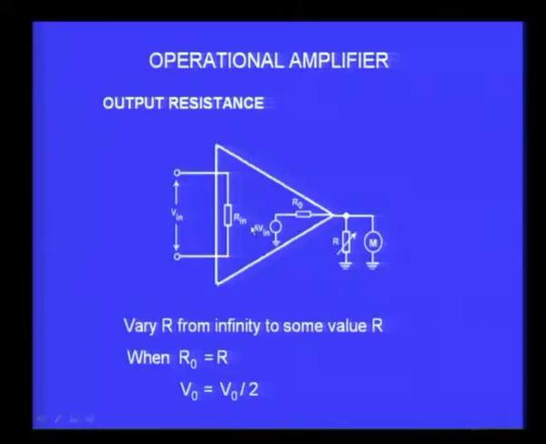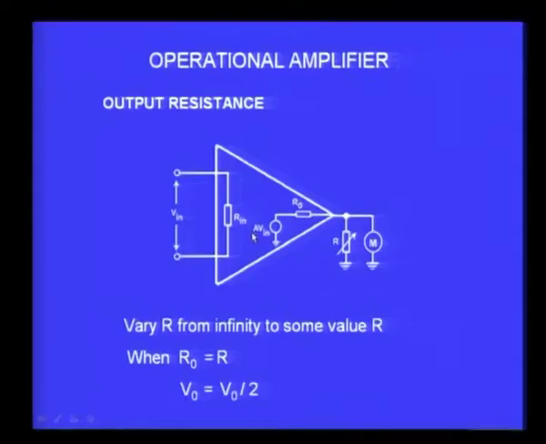A is the voltage gain. In this case, if no feedback is there, it becomes AOL, the gain with open loop condition. If you have a specific configuration corresponding to non-inverting or inverting, then you can have a finite value of the gain depending upon the choice of resistances in the circuit. So, whatever it is, the output can be given as a voltage source A times V in series with an output resistance R O.